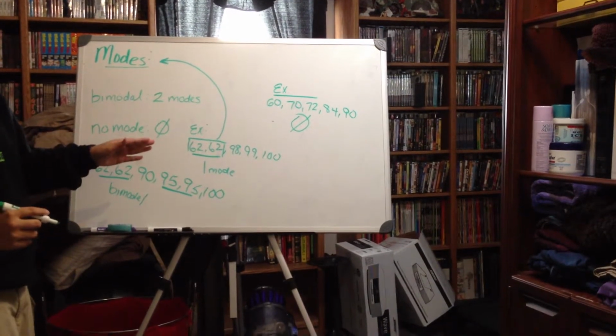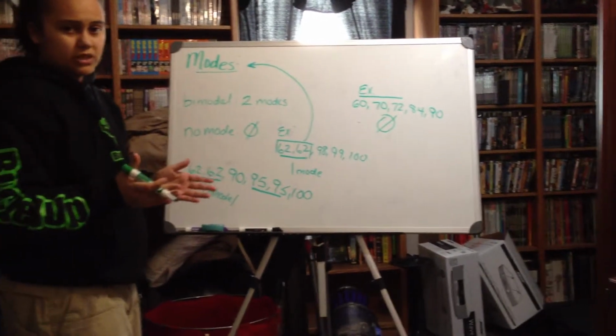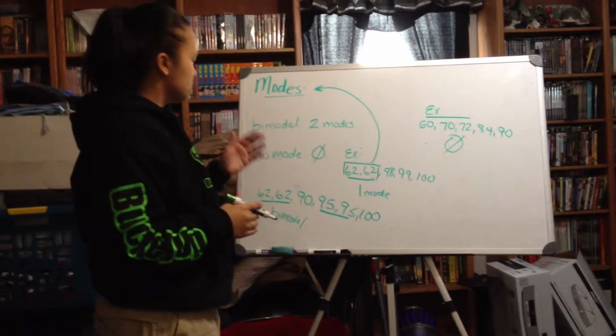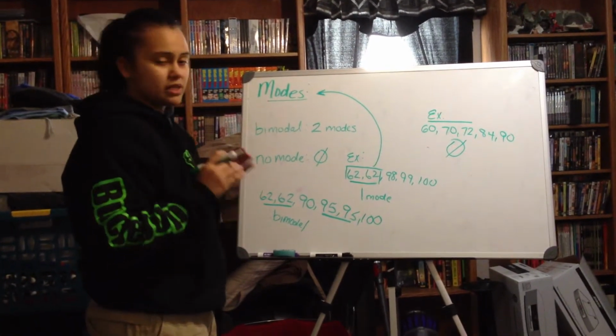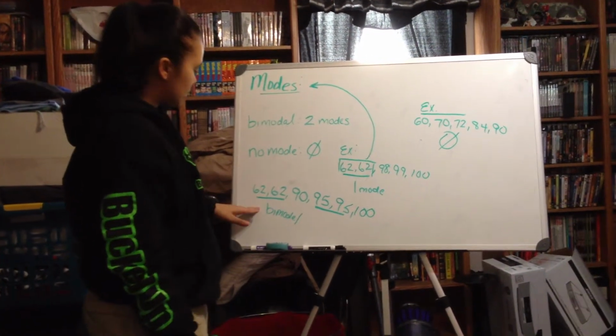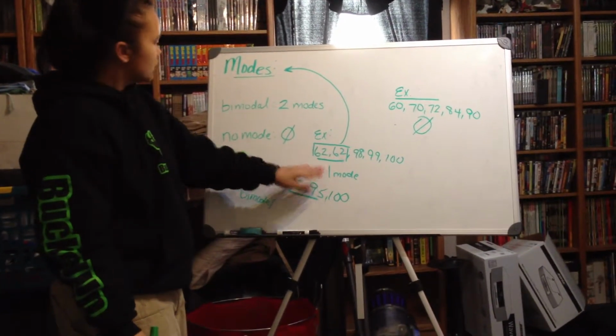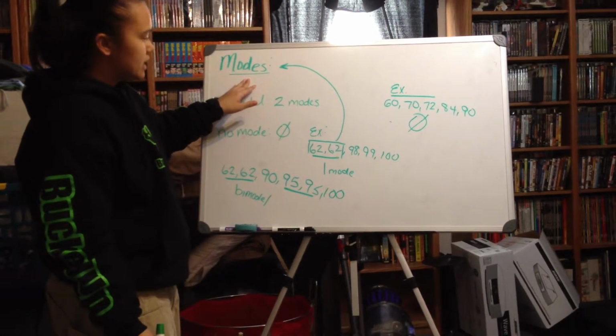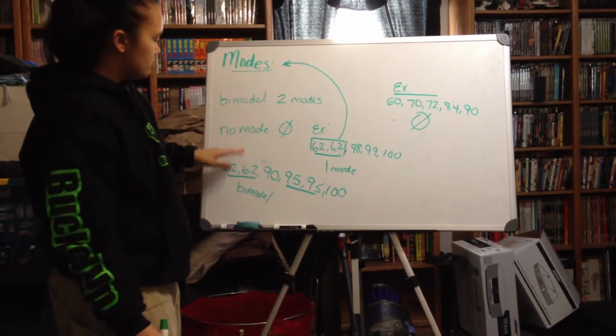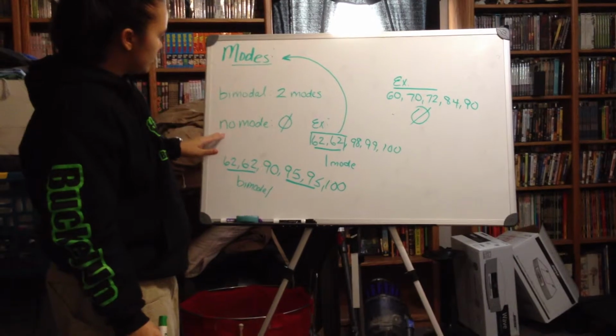And that can happen. Doesn't mean that the answer would be wrong, because there isn't a mode. Sometimes it just happens. Just like sometimes there are two modes. Sometimes there is just one. Doesn't mean any answer is wrong, because it can fall into one of these three categories.